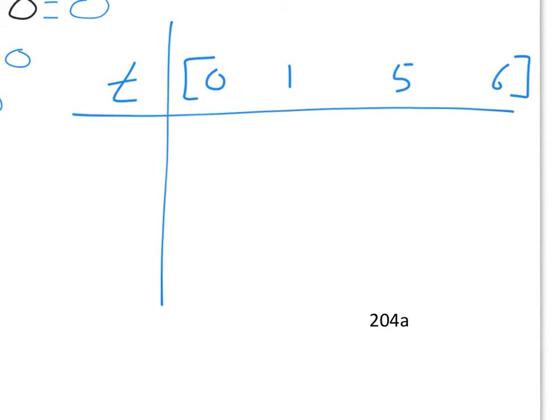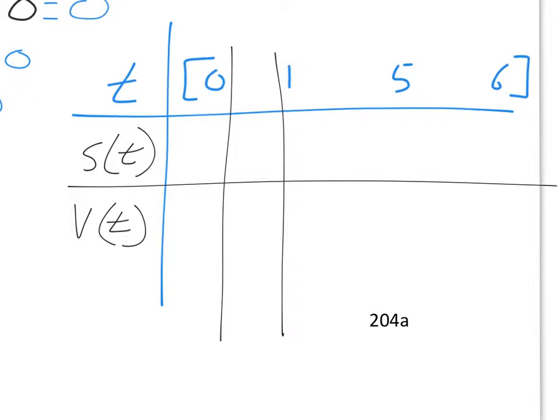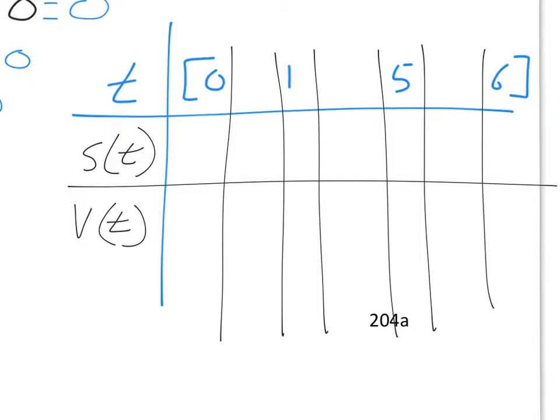And get some basic ideas here. I got my s of t values and my v of t values. And I also care what's happening in between these values. So this is t in between 0 and 1, this is t in between 1 and 5, and this is t in between 5 and 6.